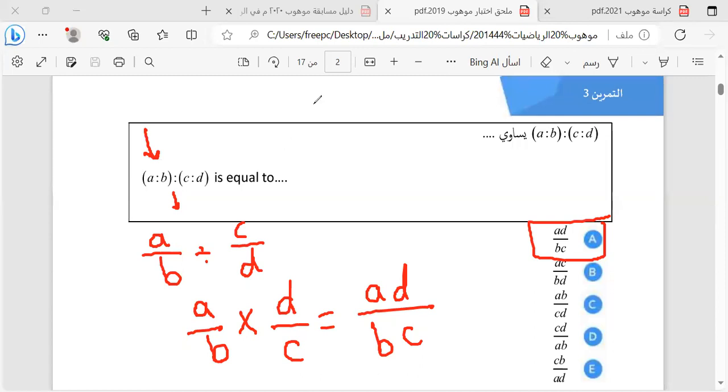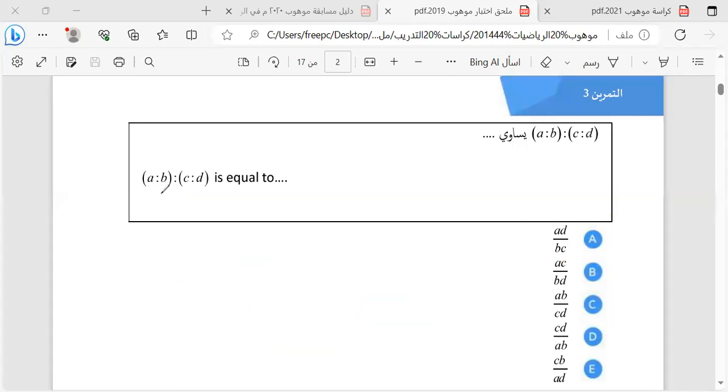You are Maria? No. Okay, Lubna? Yes, okay, Lubna. Look, if you see here, look, this point to that here. This is the ratio. That's A over B. And this will be division, C over D. So division, we convert to multiplication, right?